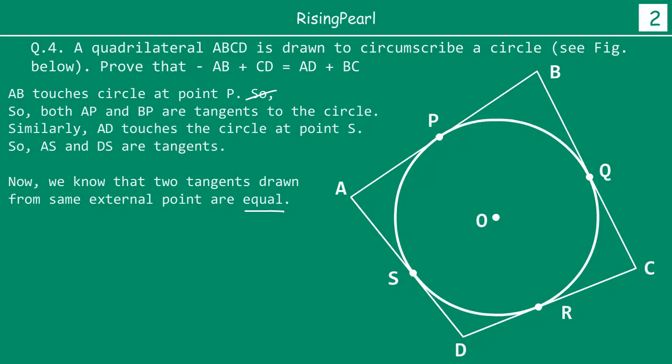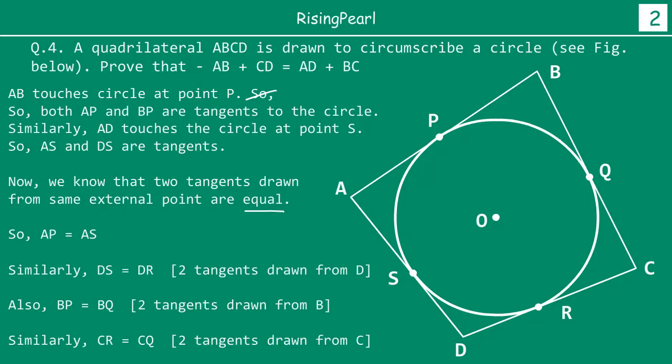So AS should be equal to AP, because from the same external point A, we are drawing 2 tangents, AP and AS. So this is our first equation. Let's call it equation number 1.